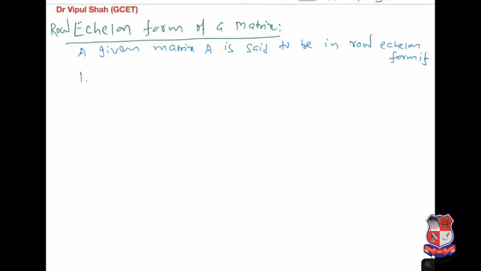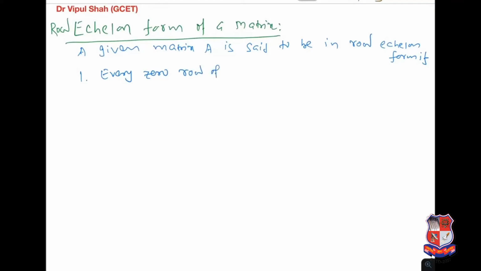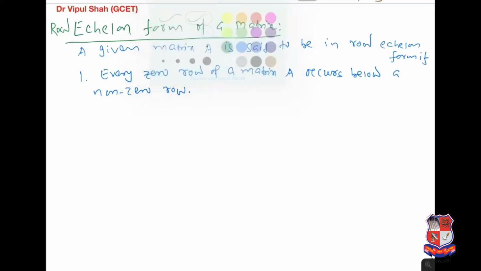The first one is every zero row of a matrix A occurs below a non-zero row. So if we have any 0 row, then it should be at the bottom.